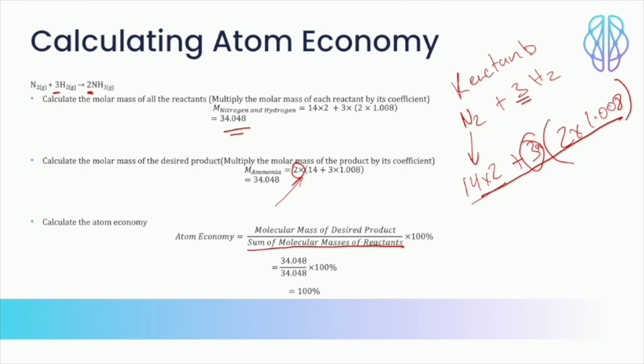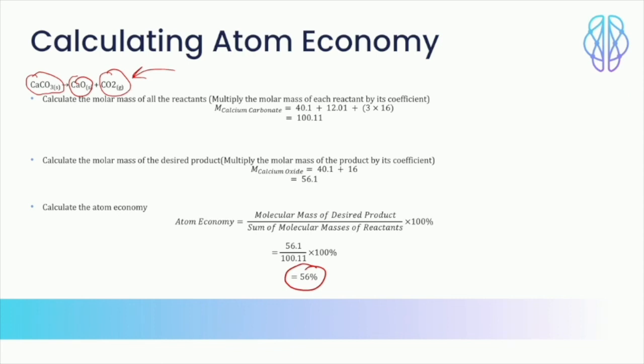If we don't multiply it by 3 and by 2 respectively, we're not taking into account all of the atoms that were initially present, or all of the atoms that are finally present that are producing the ammonia, right? So we're going to be missing some atoms. So we need to take into account all of the atoms.